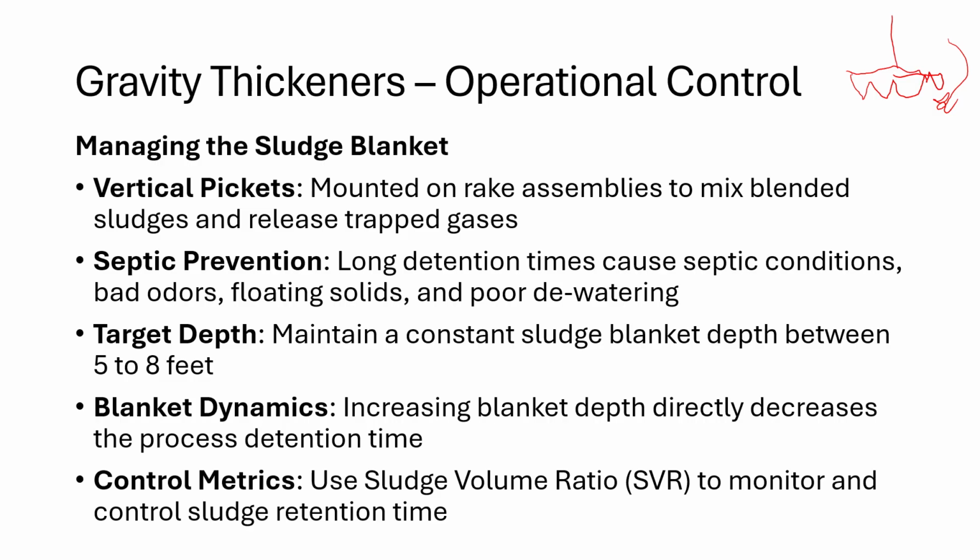So the idea here is it's going to be on your rake, and it's going to mix the blended sludges, and it's going to release trapped gases. The reason we want to use those teeth to blend the sludge as well as release trapped gases is we want to make sure we have a uniform sludge. Number one, it's going to make it easier to deal with.